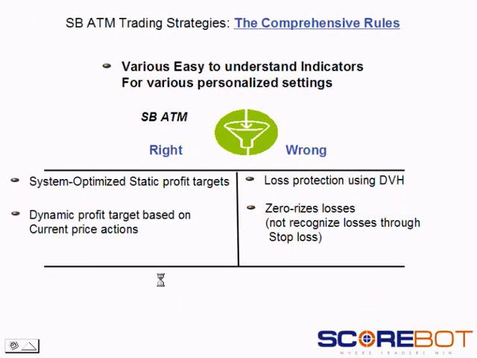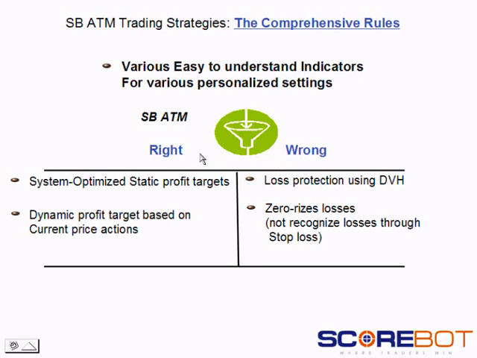Let's compare with our scoreboard ATM strategy, the comprehensive rules. Now it can be various easy to understand indicators as signal for entry, and this is where you can personalize the settings. Once you enter, similarly there are two fates to your trade. It's either you are right or you are wrong.